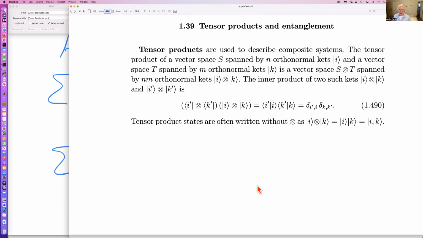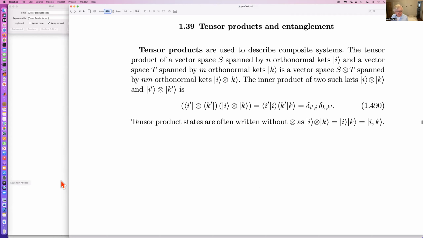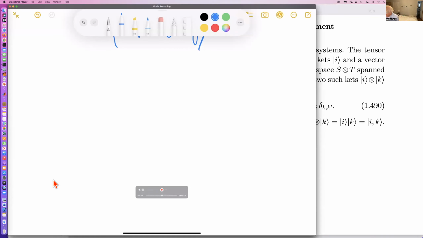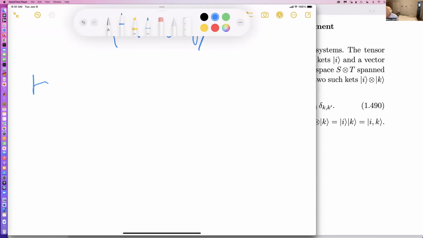Okay, tensor products and entanglement. Well, tensor product is a fancy name for something that students normally just absorb naturally. In the simplest case, for example, you have our vector r, and we have no trouble saying that this is x, y, z.